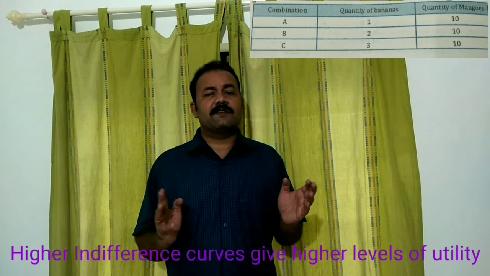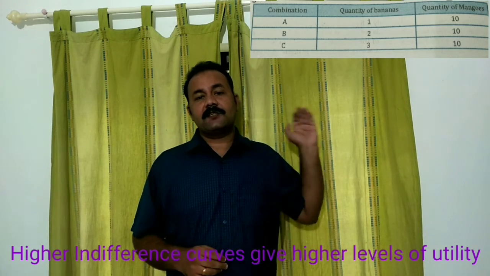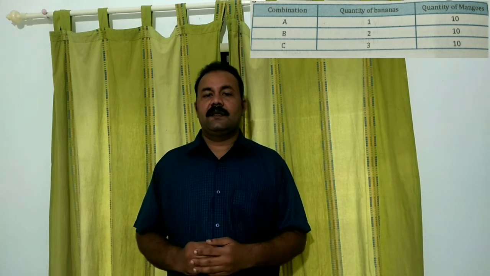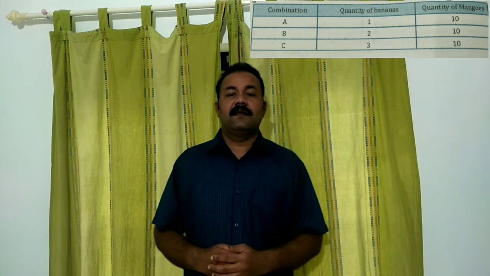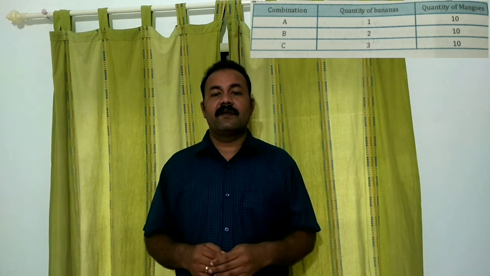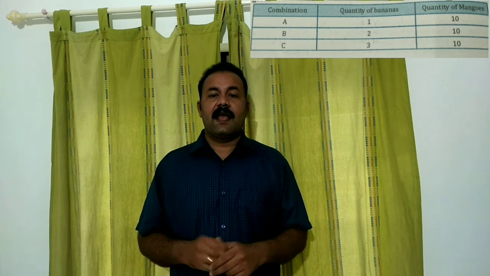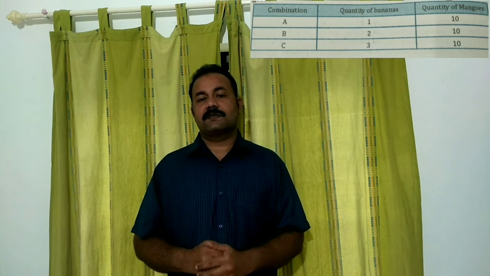We can explain this with the help of a table and a diagram. In this table we can see three combinations, A, B and C. In the second column we are representing quantities of bananas, and in the third column we are representing quantities of mangoes.